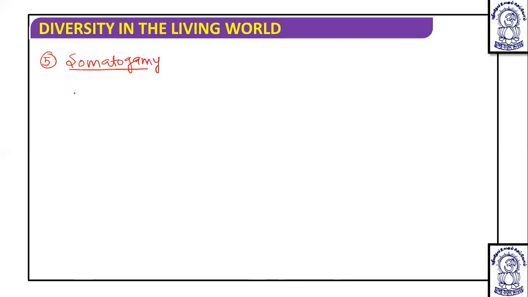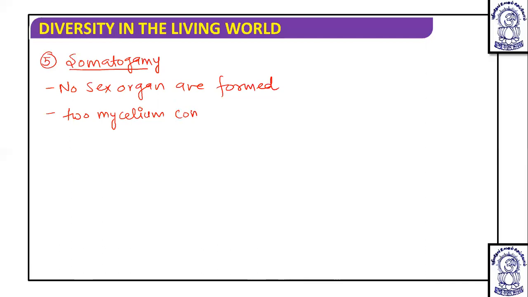In somatogamy, dear student, sex organs are not formed. Okay, sex organs are not formed. And in this, what happens? Two mycelia come close to each other and get fused.